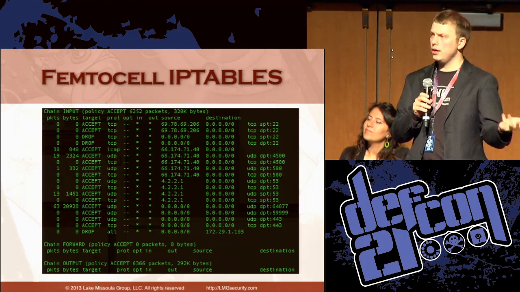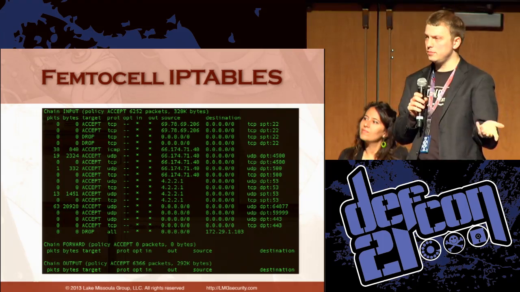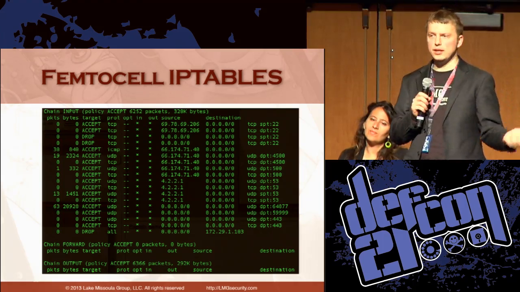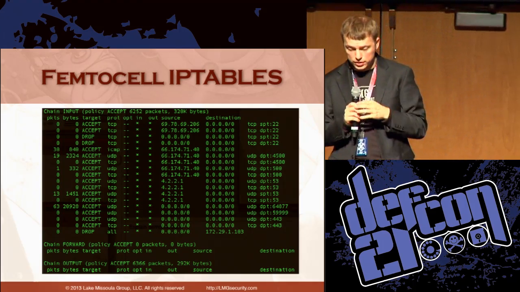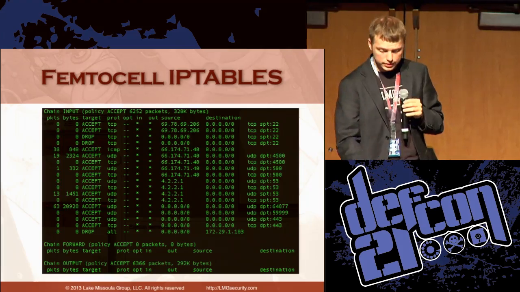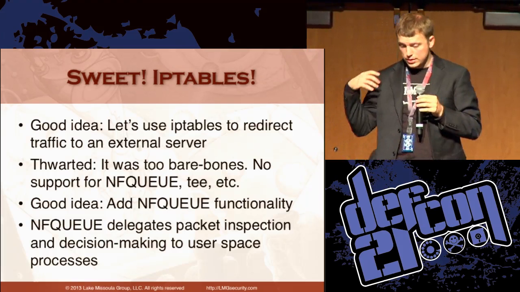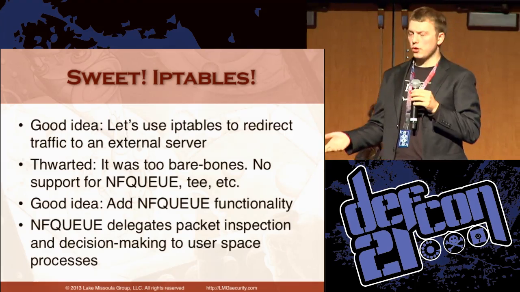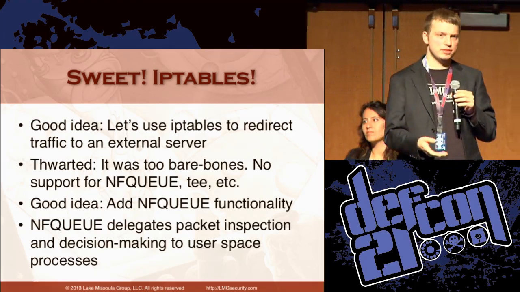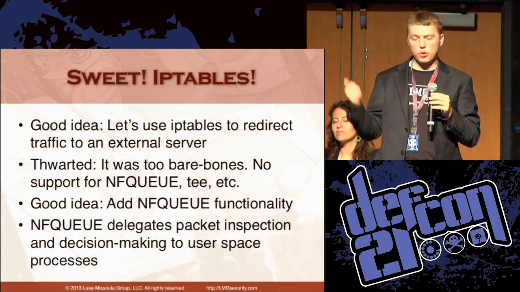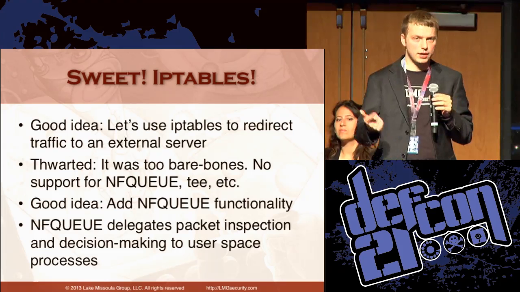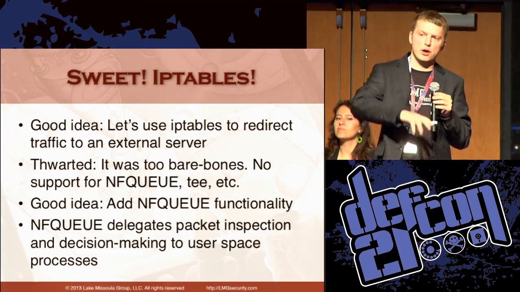But we're like, hey, since we saw tcpdump wasn't working, let's see if we can get access through iptables. That was a good enough idea, but the problem was that what's on there is a very bare bones implementation of iptables 1.3.7. No NFQUEUE, no TEE command, no way to copy off and route traffic.